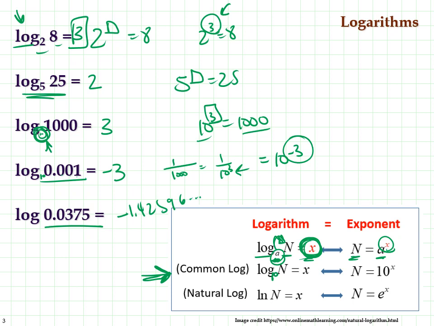Interestingly, when we do sig figs with logarithms, we keep the number of decimal places in the logarithm equal to the sig figs in my number. I've got 1, 2, 3 sig figs here, so I'm going to keep 1, 2, 3 decimal places in my pH. That 9 is going to turn that 5 into a 6, so negative 1.426 will be my answer with a sig fig check.